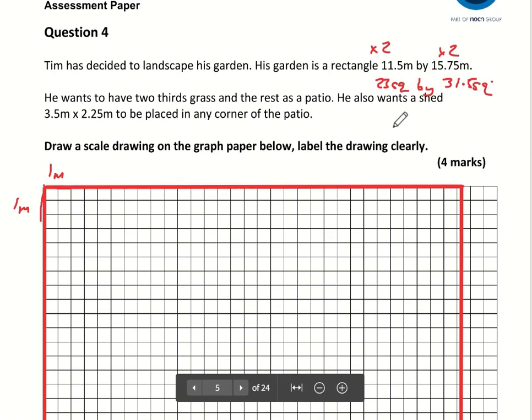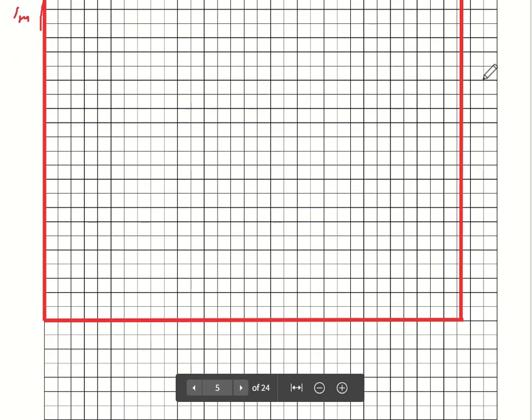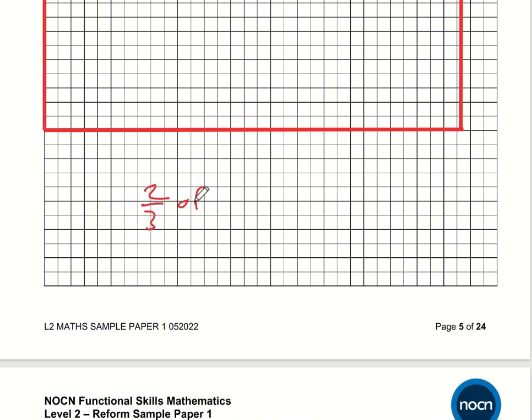We know that 2/3 is grass. So going across, we have 31.5 squares. So what is 2/3 of 31.5? Well, that is 31.5 divided by 3 multiplied by 2. So we're going to have to do some calculations here. How many 3's go into 31.5?